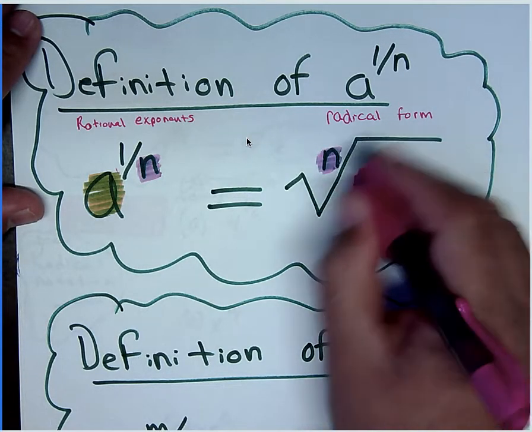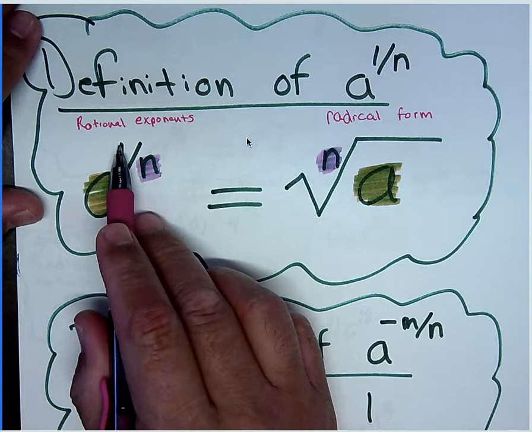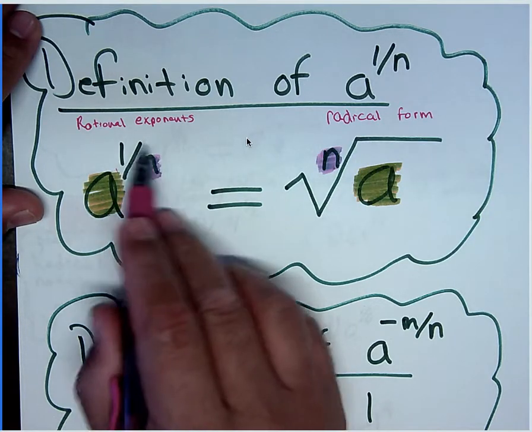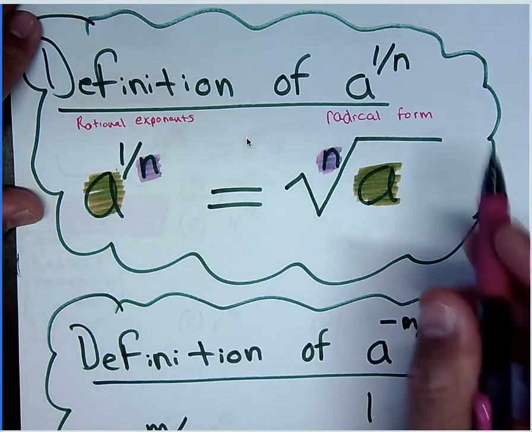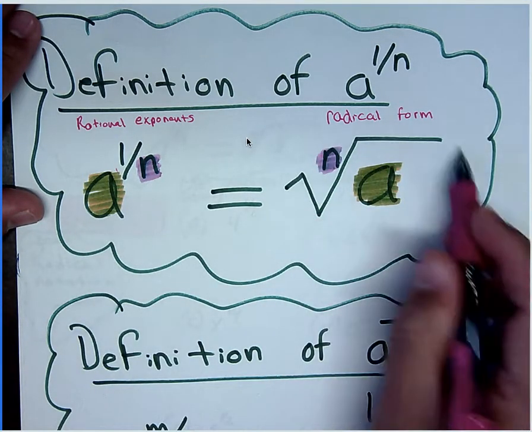This would be the radical. So they're saying when something like a is raised to the 1 over n, being rational, you can actually rewrite this as a radical.